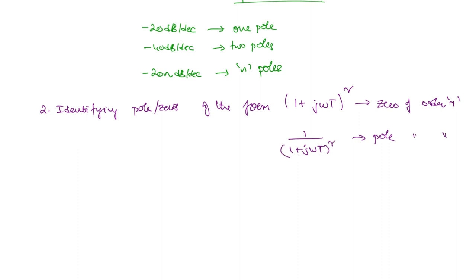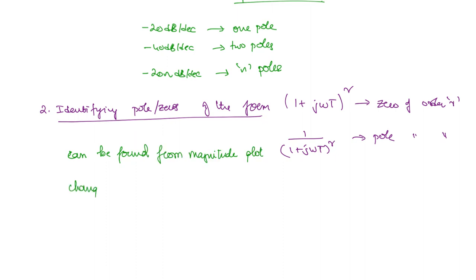So from the given Bode plot, how will you find out these kinds of poles and zeros? Once again, this can be found from the magnitude plot. If there is a change in slope of plus 20r dB per decade, there will be a zero of order r at that frequency.